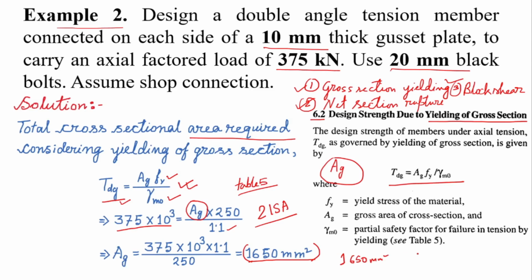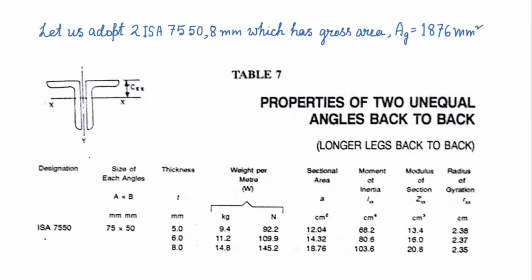But among those list we have chosen this one, ISA 7550, having thickness 8 mm. So here I have written, let us adopt two ISA 7550, 8 mm thickness, which has gross area Ag equal to 1876 mm square.